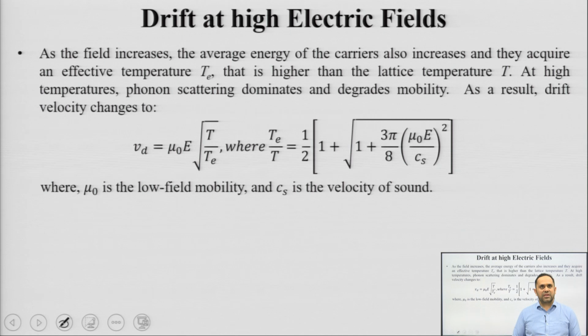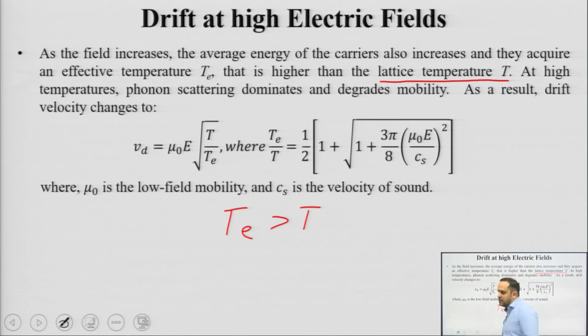Okay. So, when the average energy of charge carriers increases, they also acquire a higher effective temperature, which is higher than the lattice temperature, or you can also say the ambient temperature of the crystal. Okay. So, this effective temperature of charge carriers is higher than the lattice temperature, and this difference keeps on increasing when you apply higher electric field. Okay.